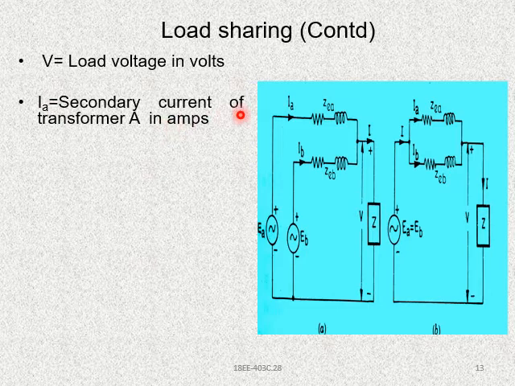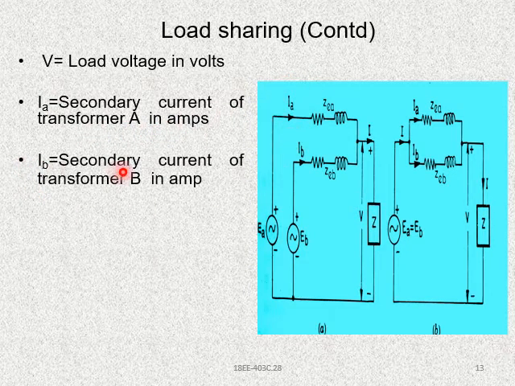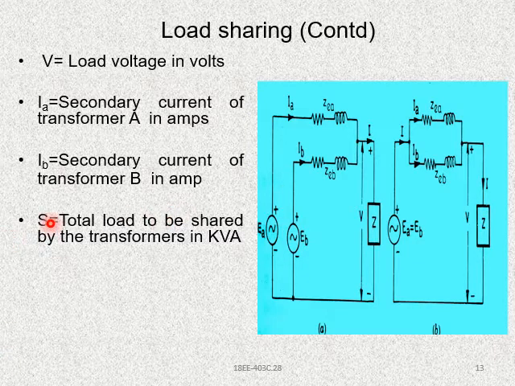And IA is the secondary current of transformer A in amps, IA is over here, and IB is the secondary current of transformer B in amps, IB is over here. And S is equal to the total load to be shared by the transformers in kVA. S indicates the kVA power.